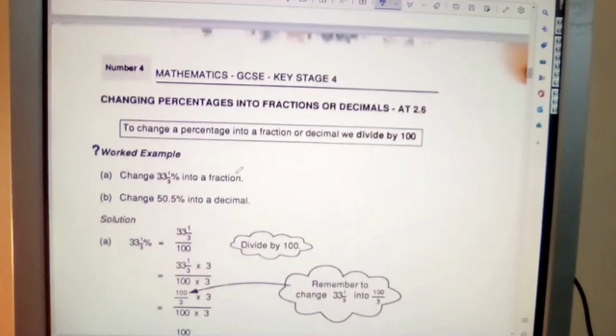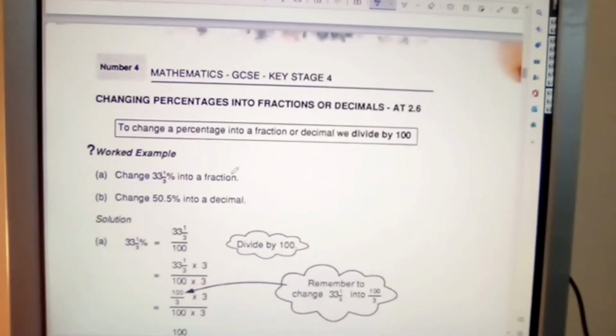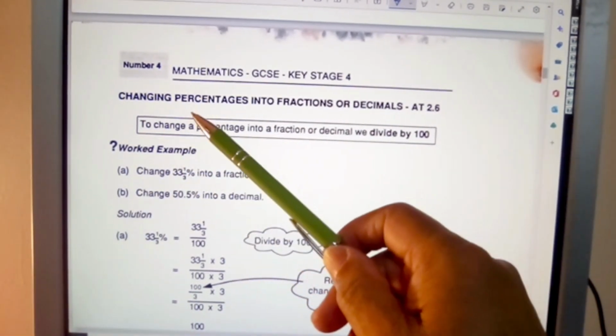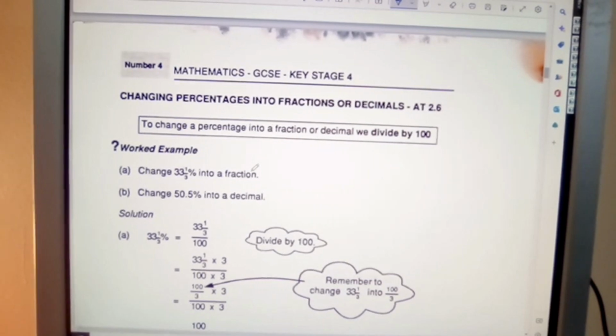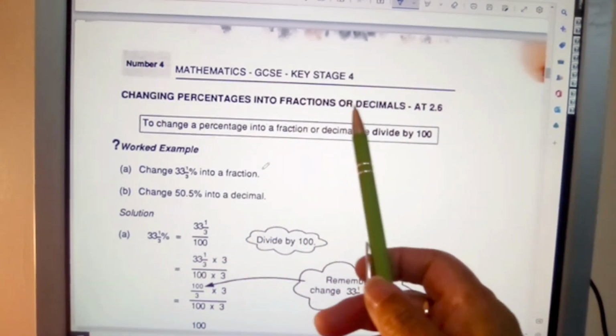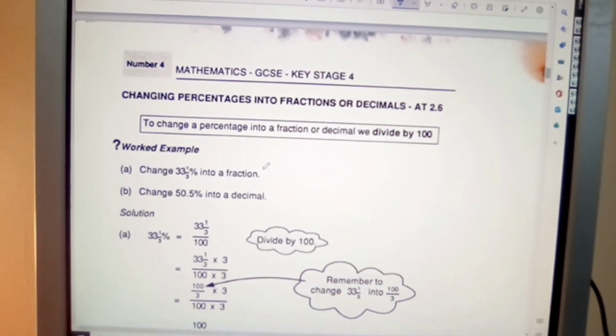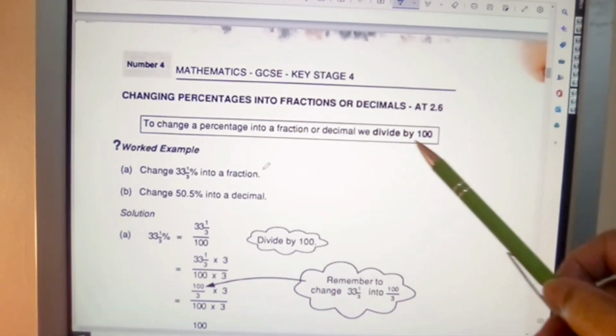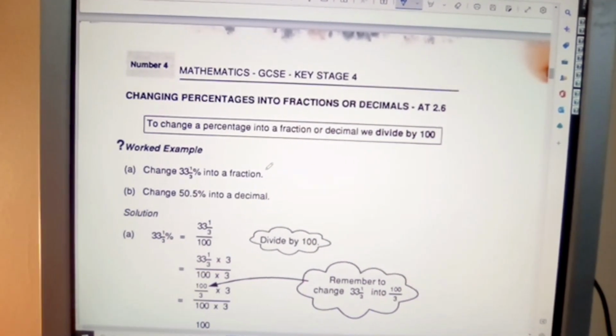And here we're going to look at changing percentages into fractions or decimals. To change a percentage into a fraction or decimal, we divide by 100, because it's actually in a fractional state anyway already.